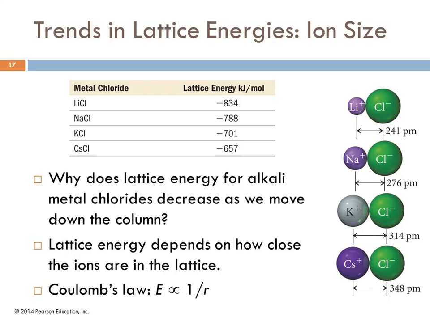We're going nucleus to nucleus. Coulomb's law says that the energy is proportional to 1 over r. If the radius, the distance between them, is larger, the energy will be smaller. And so the lattice energy decreases here because the ions are getting larger and they just can't get as close to each other.